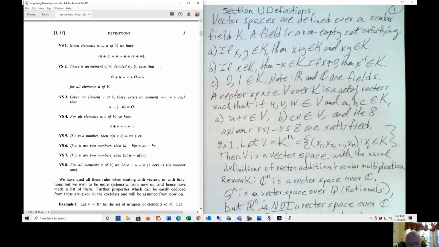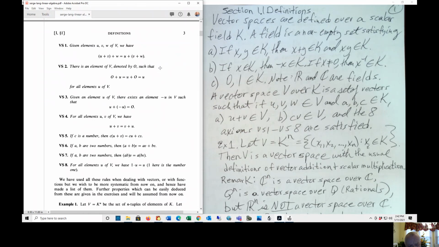For every vector in the space, it has a unique element called negative u or minus u, so that when u is added with its additive inverse, we get the zero vector. 4, we have the commutative property that u plus v is the same as v plus u.